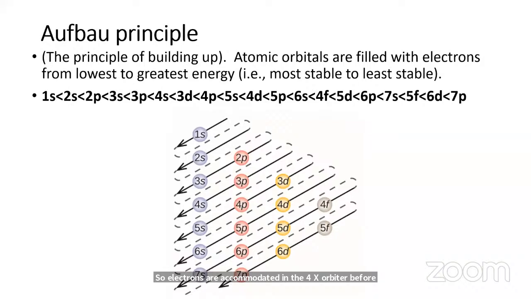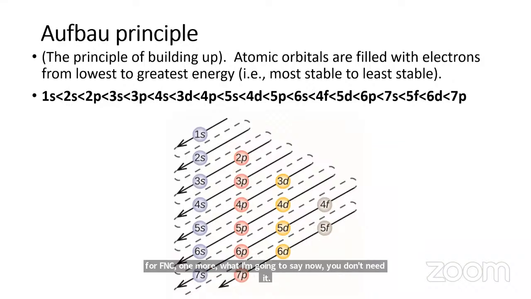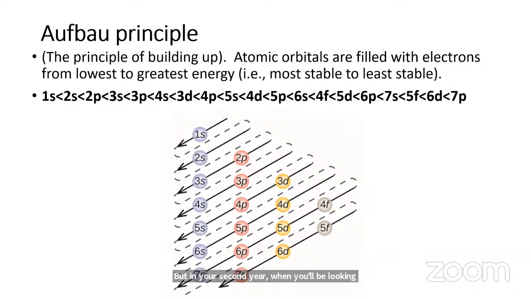Now listen to me again, just for knowledge's sake. For FSC111, what I'm going to say now, you don't need it. But in your second year, when you'll be taking your CHM211 class, you need to understand this. You fill the 4s orbital to have 4s2 before you go to the 3d orbital.